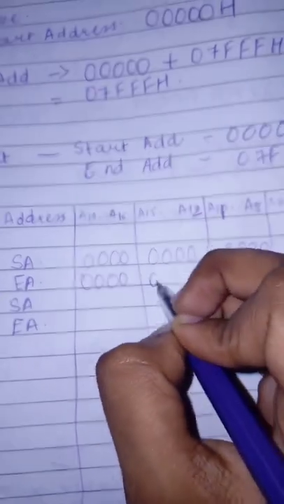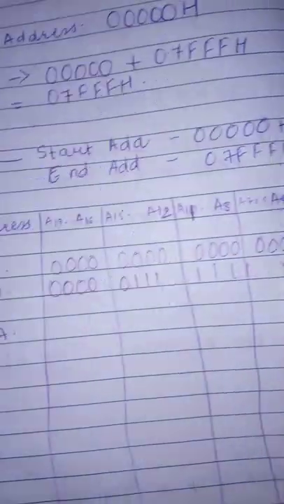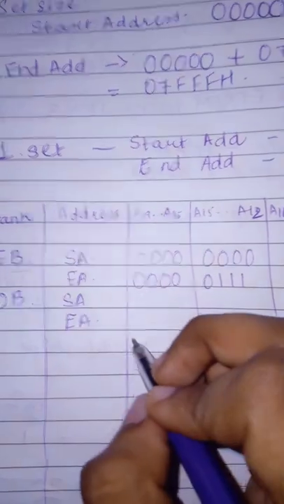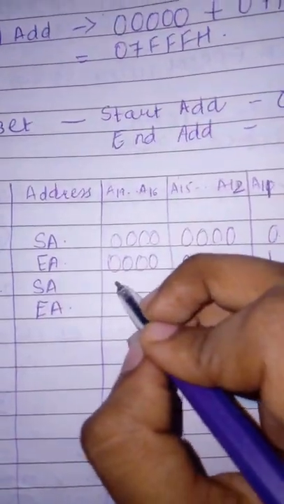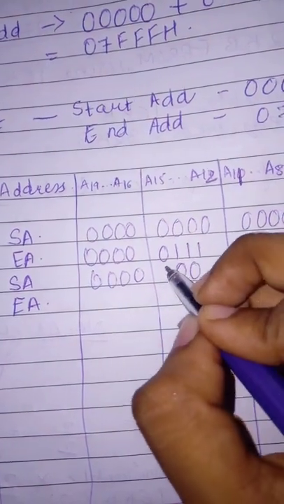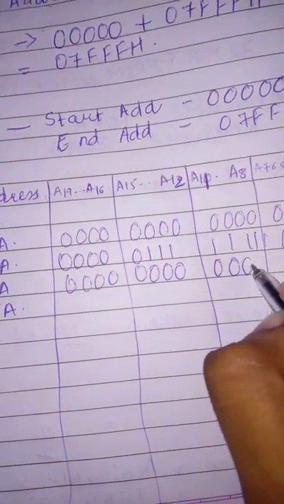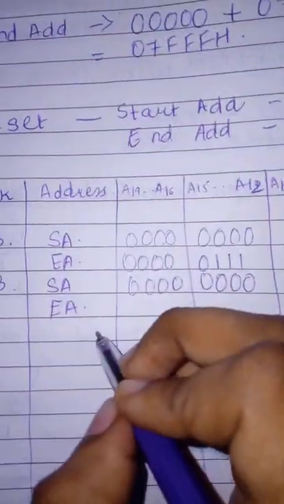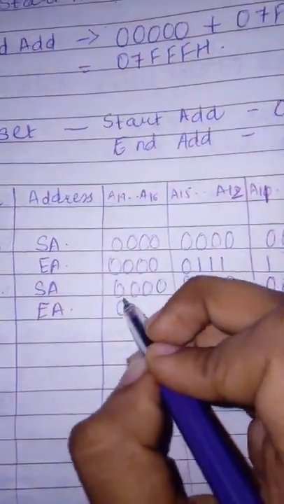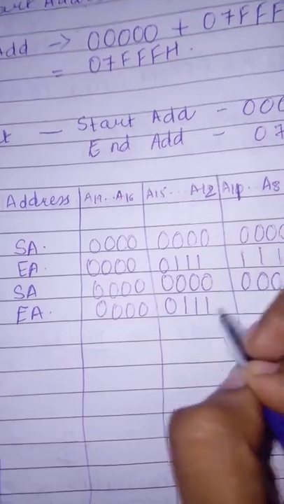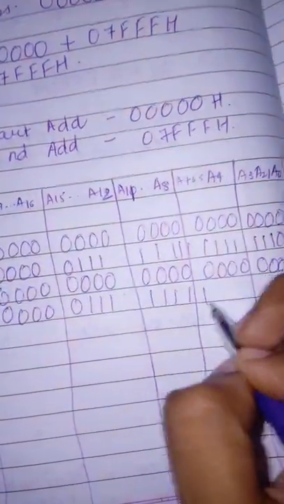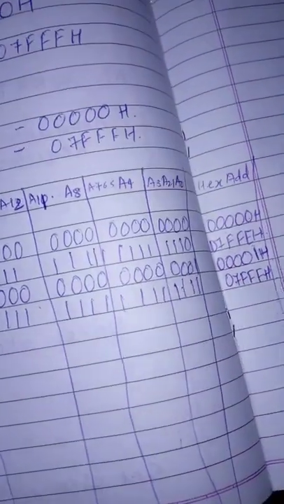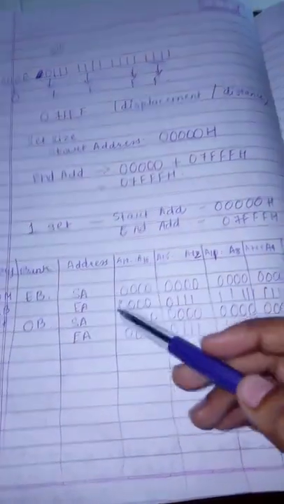So 07FFEH, then 1, so 00000000000. Then 07FFFH. So I have done this.